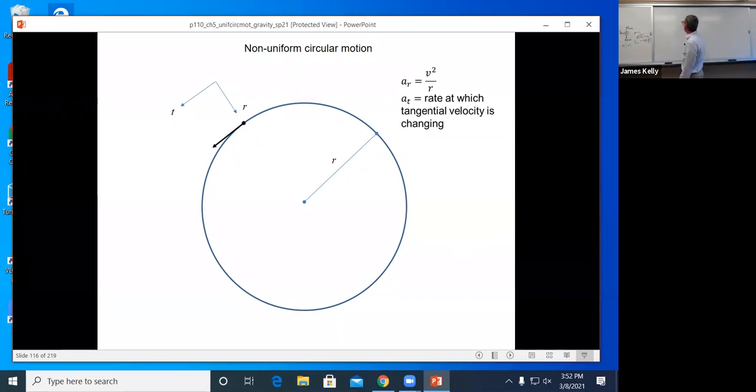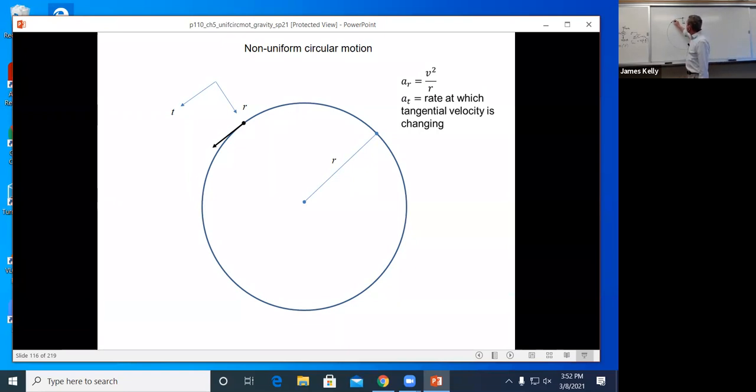If I imagine I'm a car going around a loop like this, as I'm rounding the top, I was slowing down all the way to the top, and then I start speeding up all the way to the bottom. So I'm neither speeding up nor slowing down there. And that means the direction of my acceleration is all along the direction towards the center of the circle. I don't have a tangential component because I'm not changing my tangential speed.